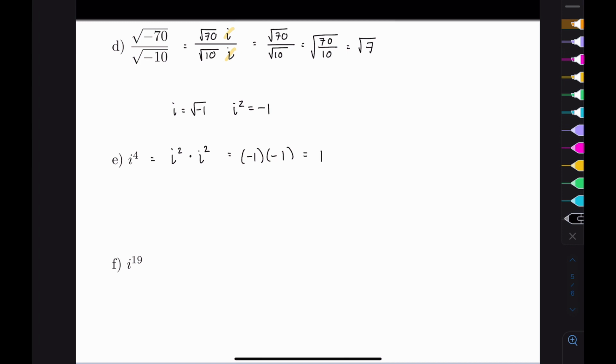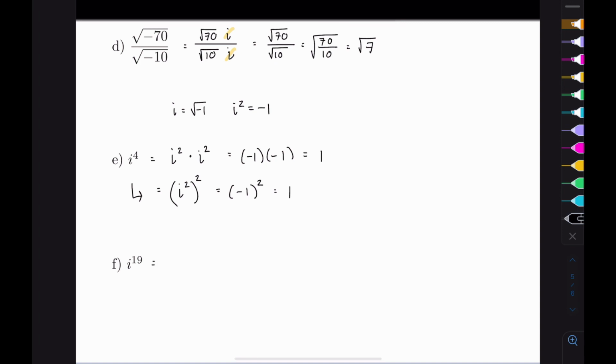I want to look at this a different way because it's going to be more beneficial in the next example. Because it's an even number, we can write this as i squared to the second, since you would multiply these two numbers. Then that i squared in the middle, we can replace by -1. So this is -1 squared, or +1.